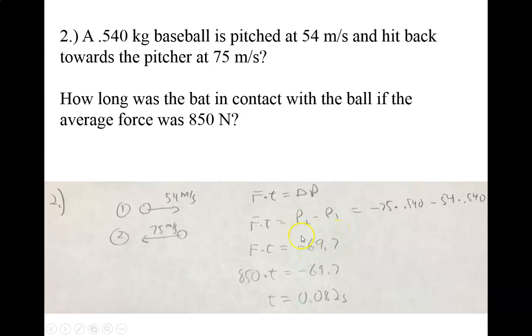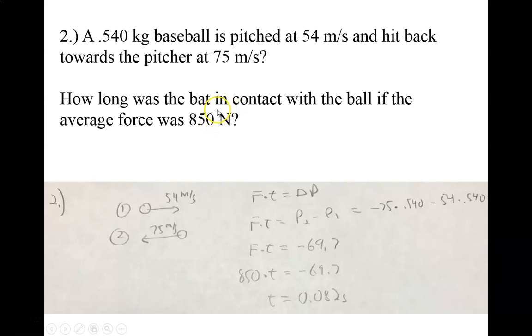Let's work a problem here. We've got a 0.540 kilogram baseball pitched at 54 meters per second and hit back towards the pitcher at 75 meters per second. How long was the baseball bat in contact with the baseball if the average force was 850 newtons on the ball by the bat?